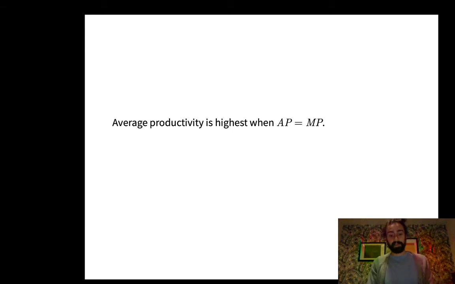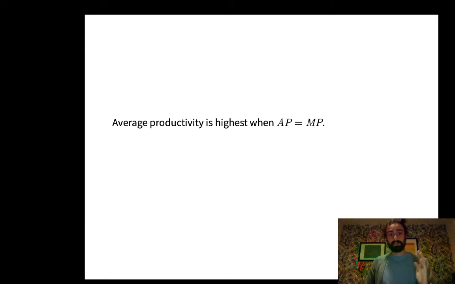Likewise, if I hire people and the next guy contributes less than 3,000 bushels, then the average will decrease, which means that in order for the average productivity to be at its highest, it's increasing and then decreasing, right? It means that the marginal productivity has to be exactly equal to the average productivity, right? Because if it was any higher, it would be increasing the average productivity. If it was any lower, it would be decreasing.